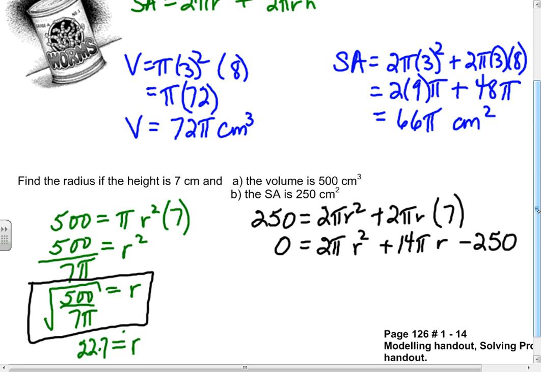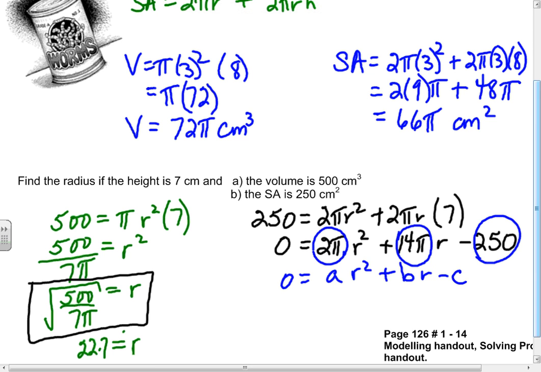Notice that I have a number, an ugly one granted, but a number in front of r squared plus a number in front of r, take away a number. This is a quadratic in the form a r squared plus b r take away c. I can use the quadratic formula to solve that. I could get two possible answers for r.